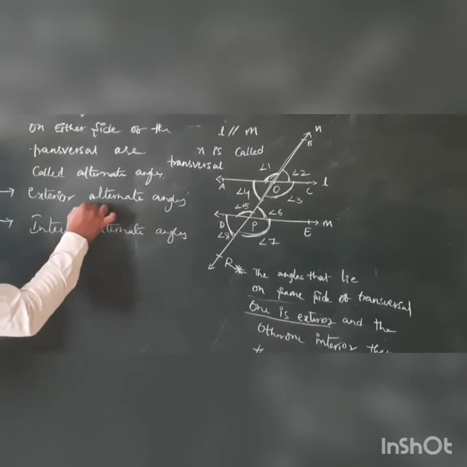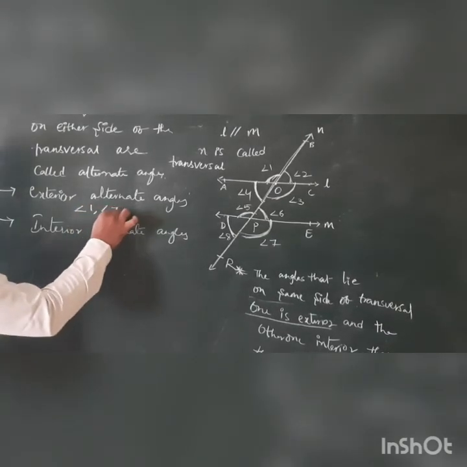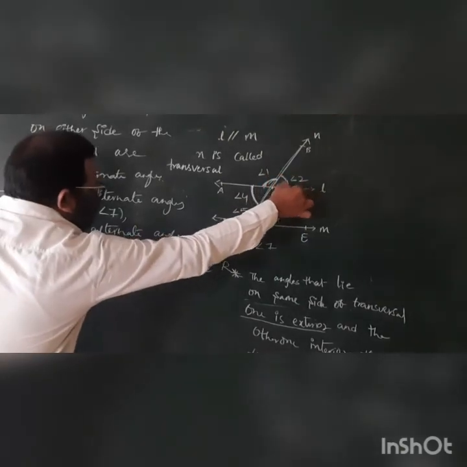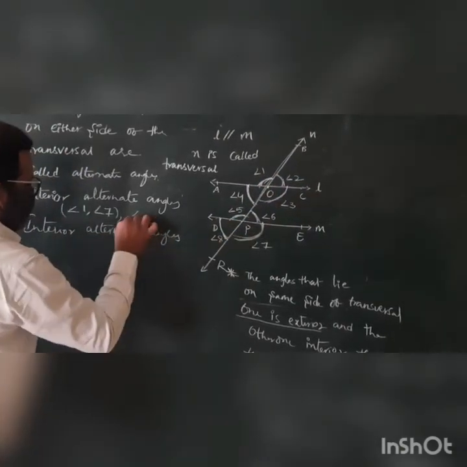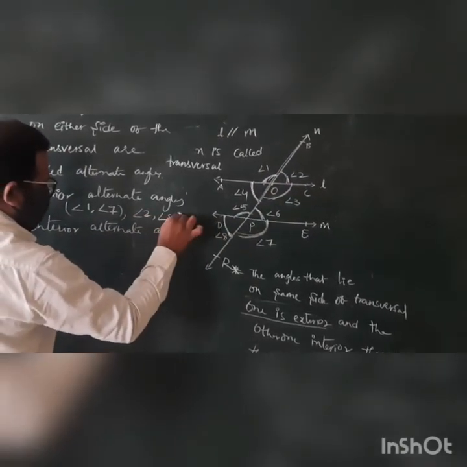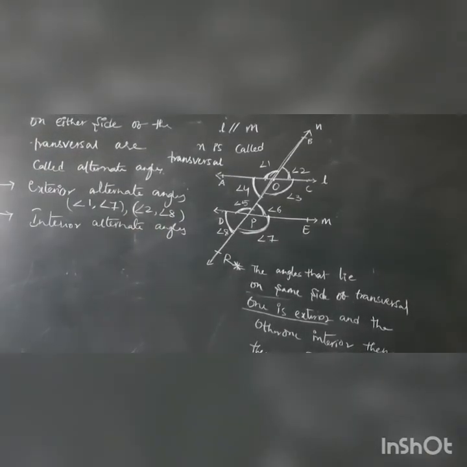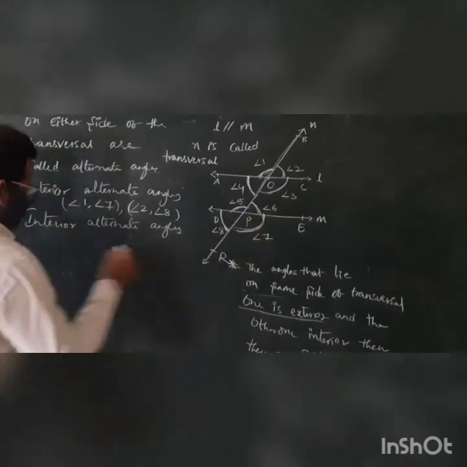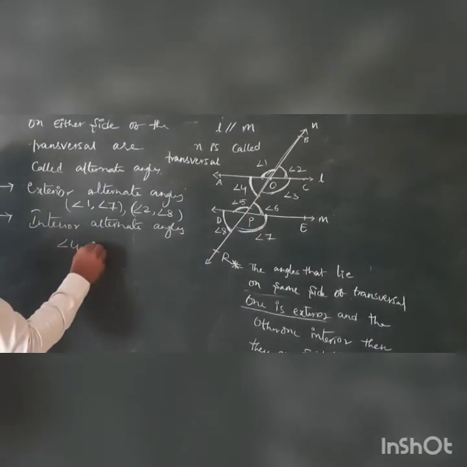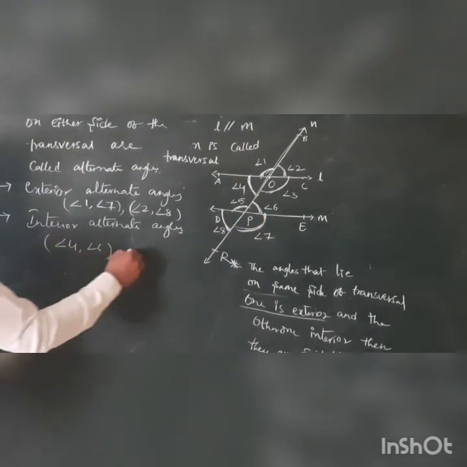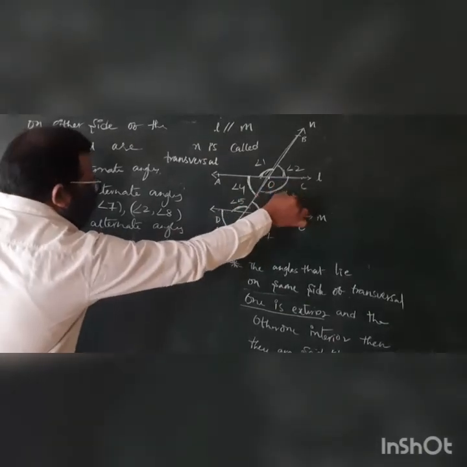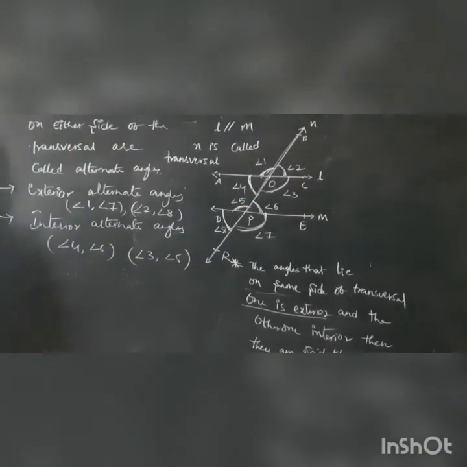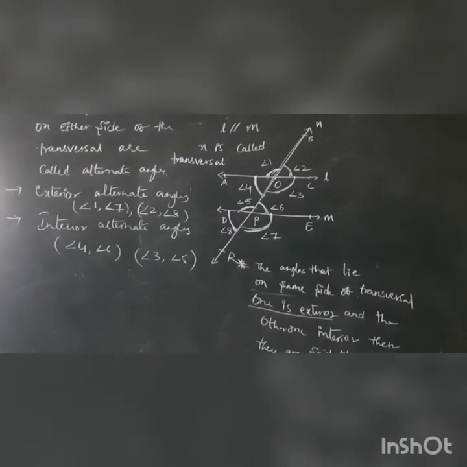Exterior alternate angles are angle 1, angle 7, and the other pair angle 2, angle 8. The same way interior alternate angles are angle 4, angle 6, and the other pair angle 3, angle 5. These are interior alternate angles.